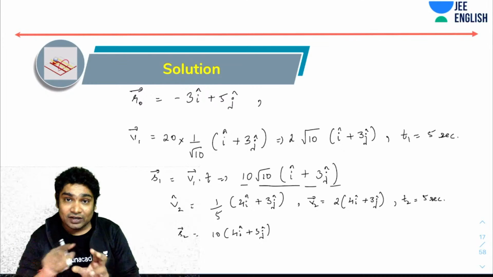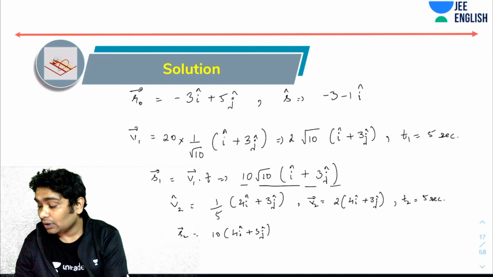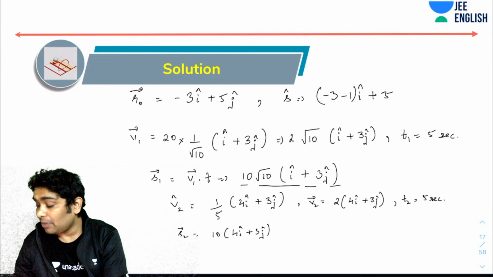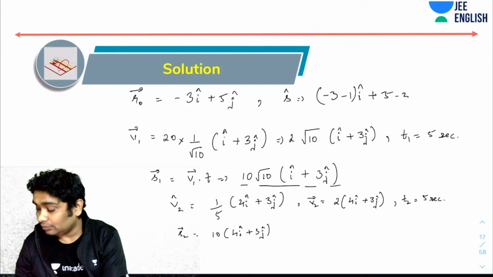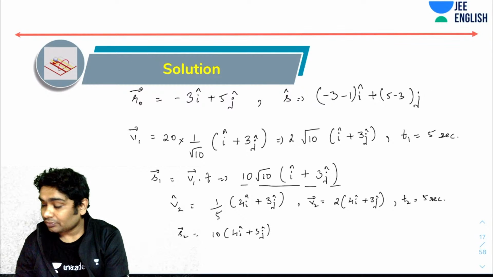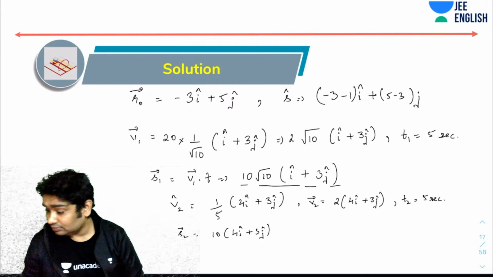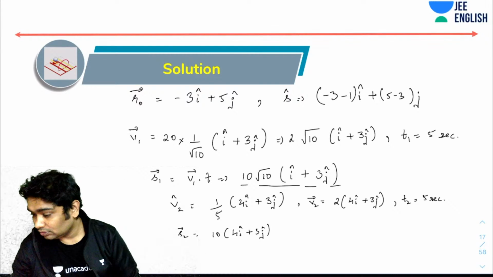The direction in which the motion is happening, S cap, is essentially minus 3 minus 1 i cap and plus 5 minus 3 j cap minus 2 j cap. That is the direction of motion for the first displacement. So it is 4 i cap plus 2.